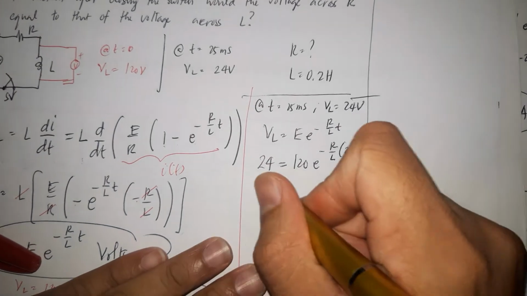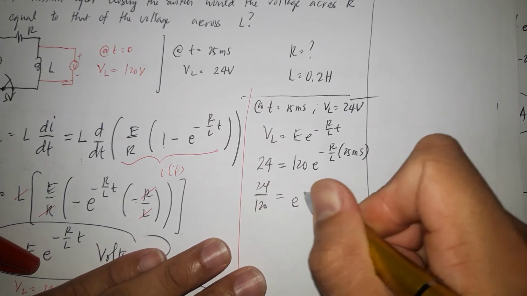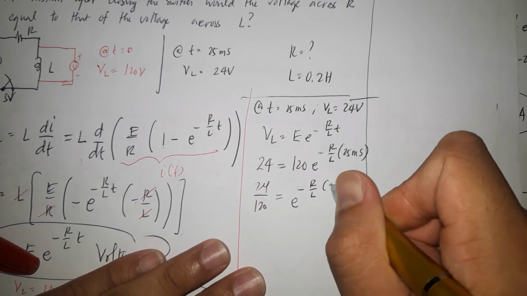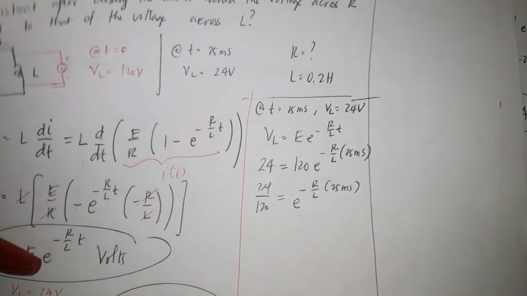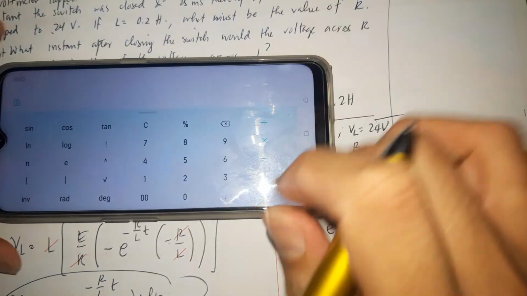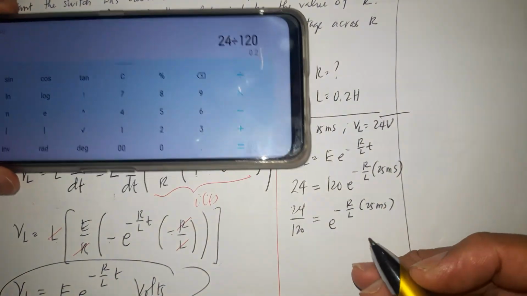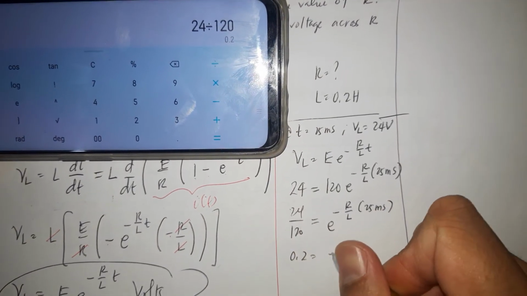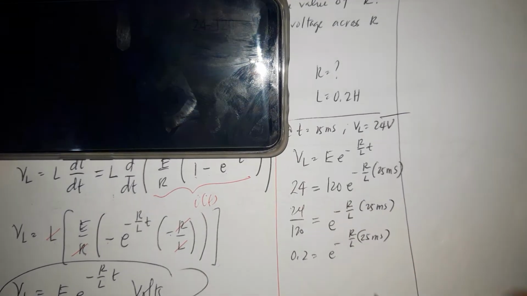Simplifying, 24 over 120 is equal to e to the negative R over L multiplied by 25 millisecond. So 24 divided by 120 is 0.2. So 0.2 is e to the negative R over L, 25 millisecond.